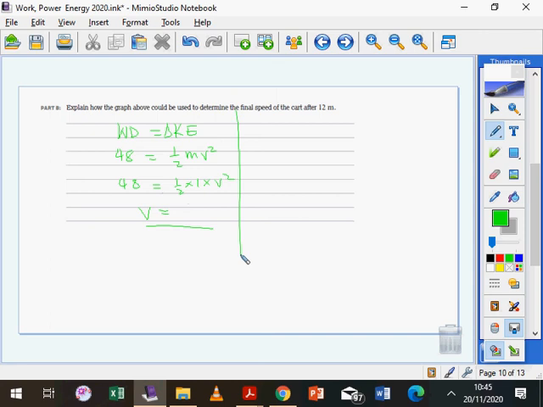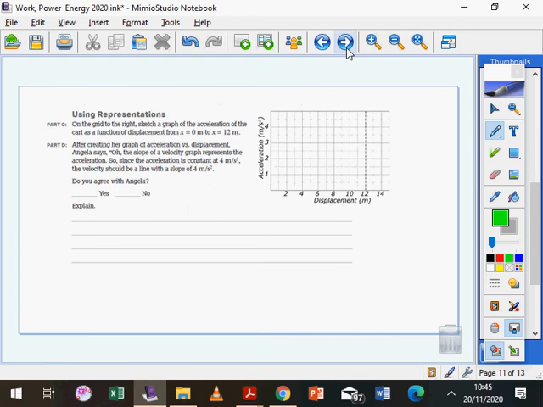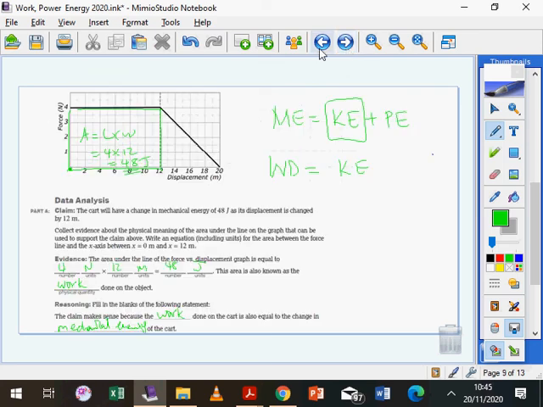Second part, part C. On the grid, sketch a graph of the acceleration of the cart as a function of displacement from x equals 0 to x equals 12. Now, in the previous graph, I saw that from x equals 0 to 12, there was a force of 4 newtons acting on this object, right? I know that force is equal to mass times acceleration.